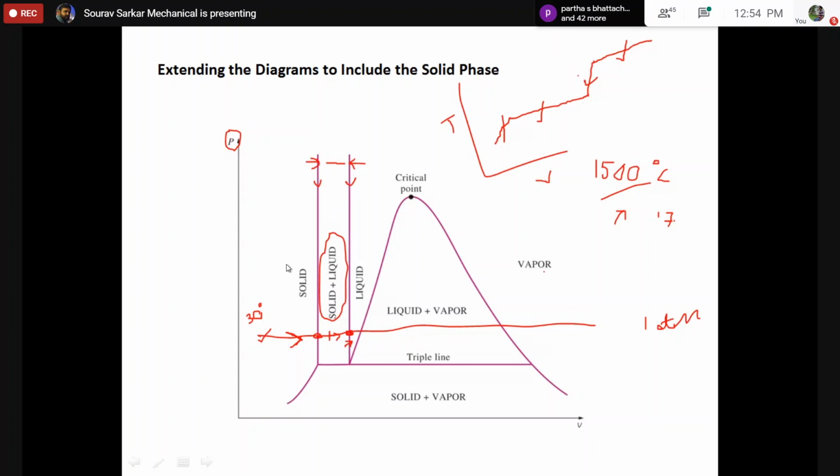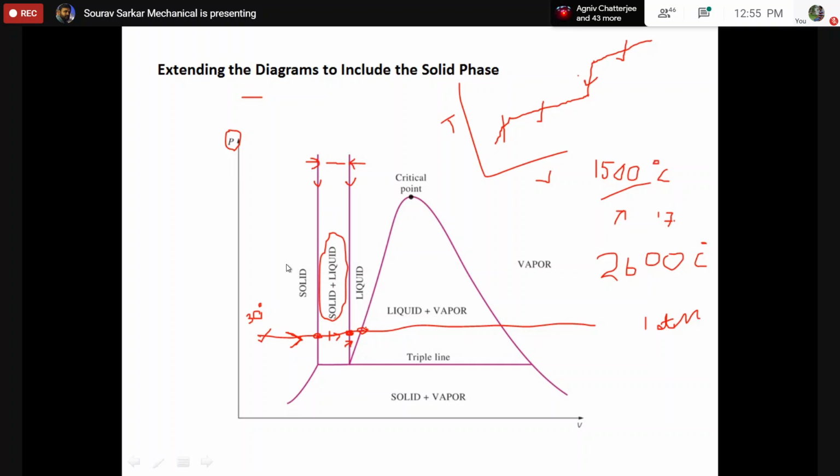When it reaches 2600 degrees Celsius, what will happen? It will reach its boiling point. So this point is the point where it is just about to boil.